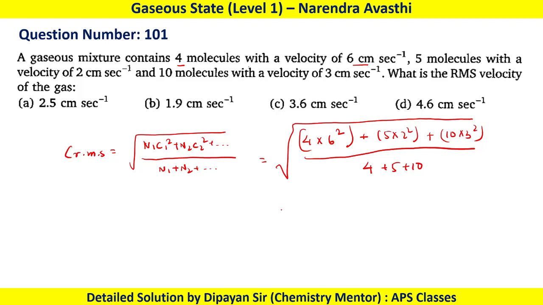If you solve this, you get an answer of 3.6 cm per second. So option C will be the correct option.